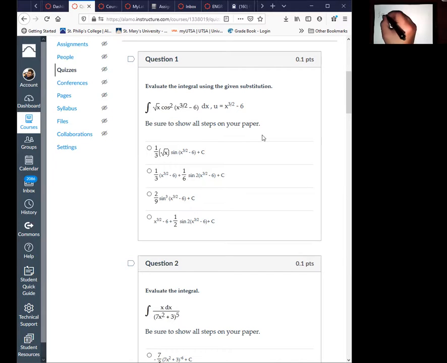Square root x cosine squared x to the 3/2 minus 6 dx. U is equal to x to the 3/2 minus 6. All right.